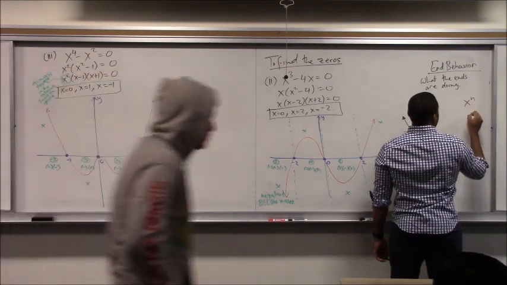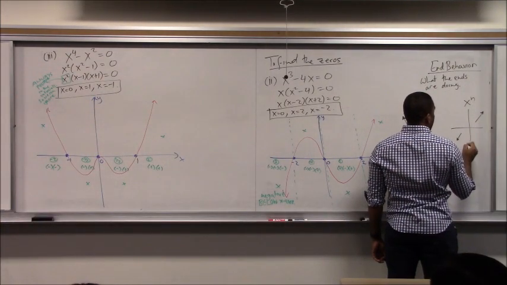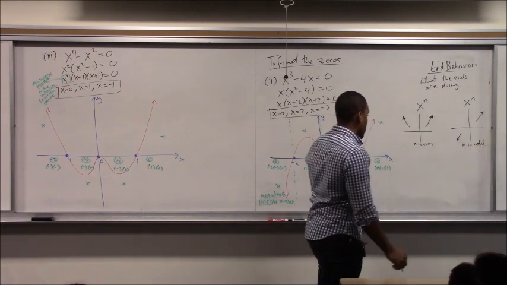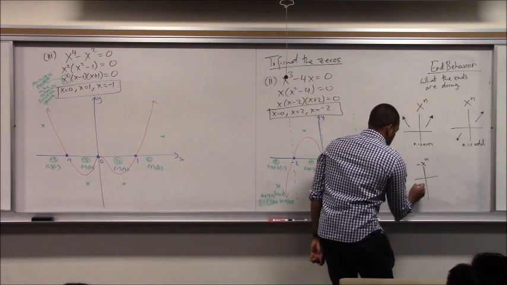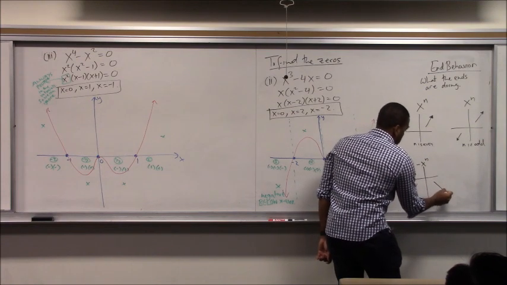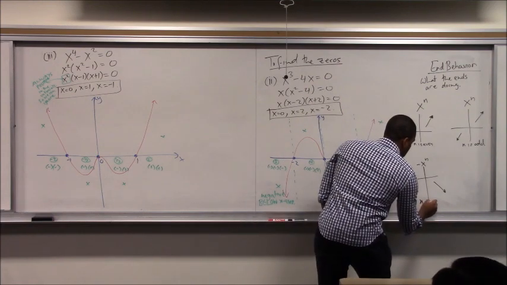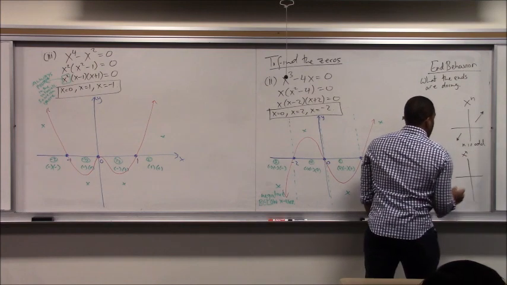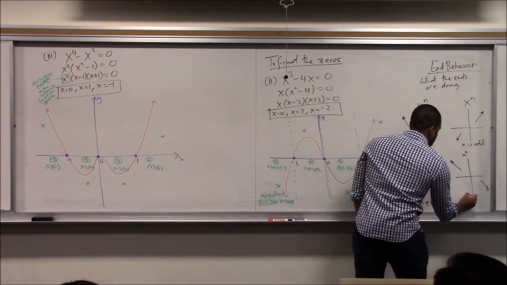Whereas for x to the n, the right side would go up and the left side would go down if n is odd. And of course, if you find the negative versions of those, both sides will go down if n is even. And for x to the n, if odd, you would expect it to look like this.